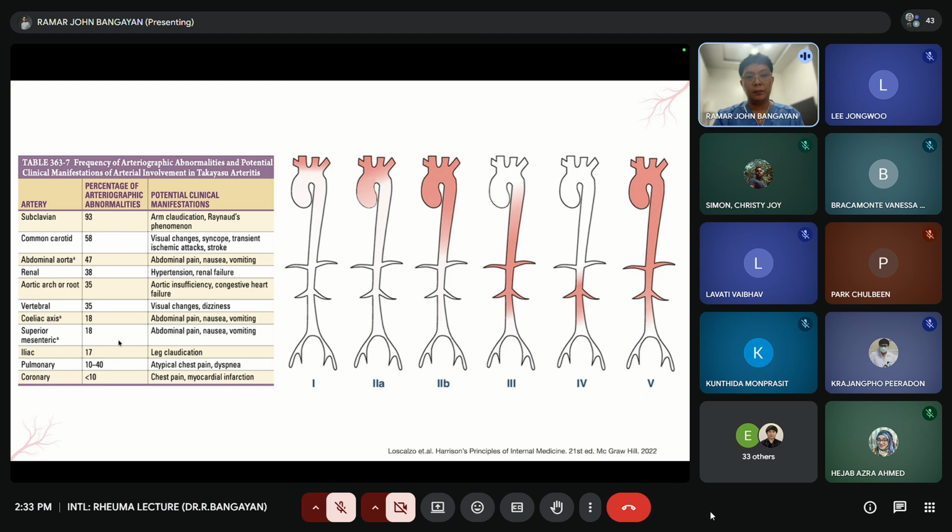And let's go to the table. This is the involvement of the different vessels. The most commonly affected vessel in Takayasu arteritis would be subclavian. So the symptoms would be arm claudication, Raynaud's phenomenon. Do you know what arm claudication is? We've discussed jaw claudication, right?